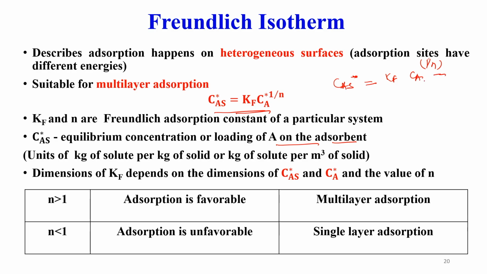Depending on the value of n, if n is greater than 1 the adsorption is favorable and may lead to multilayer adsorption, and if n is less than 1 adsorption is not favorable and it will stop with single layer adsorption.